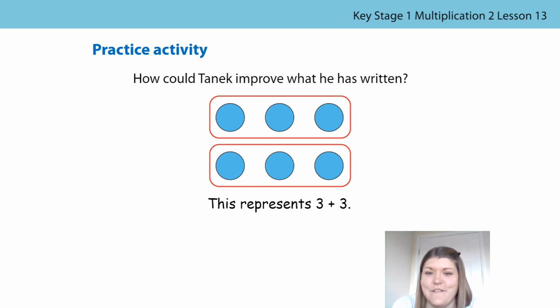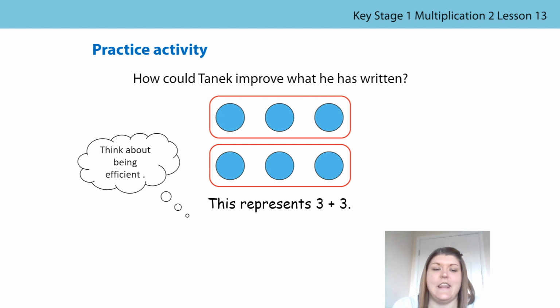Are you ready for the clue? Think about being efficient. We've used that word a lot in this lesson in particular. Think about being efficient. When you've had a go at this practice activity, come back because I have another one for you. See you soon.